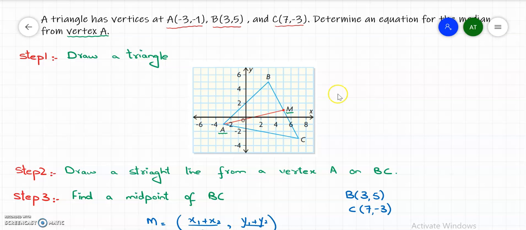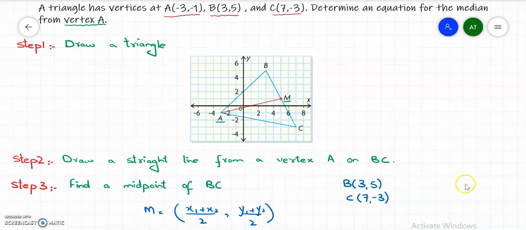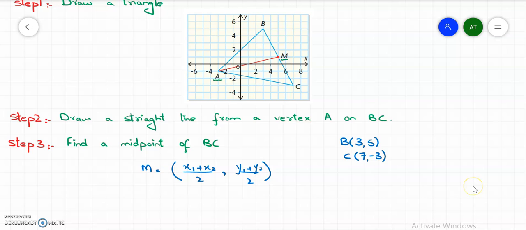Before finding the midpoint, we have to label x1, x2 and y1, y2. B is my x1 and y1, and C is my x2 and y2.